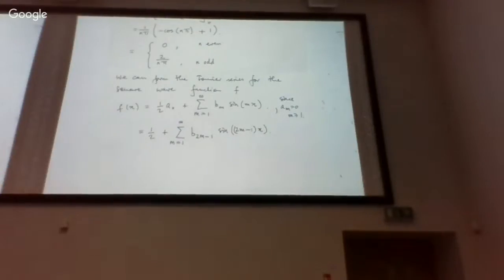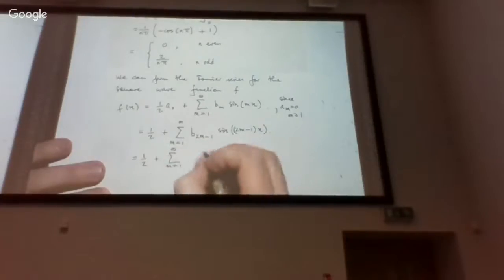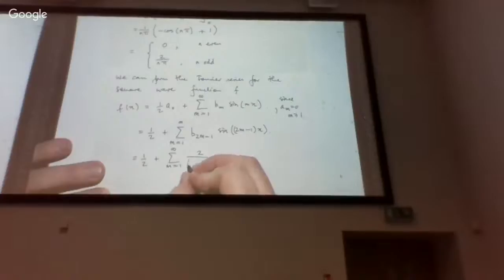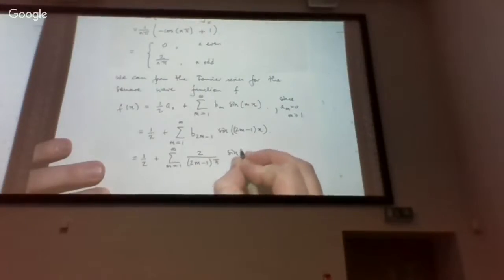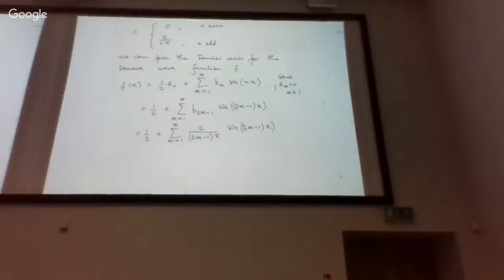As m runs through all of the integers, 2m minus 1 runs through all of the odd integers: 1, 3, 5, 7. So this is a half plus the sum from m equals 1 to infinity of 2 over (2m minus 1) times pi, times the sine of (2m minus 1) times x. Maybe some of that you can bring outside the summation to simplify it a little.